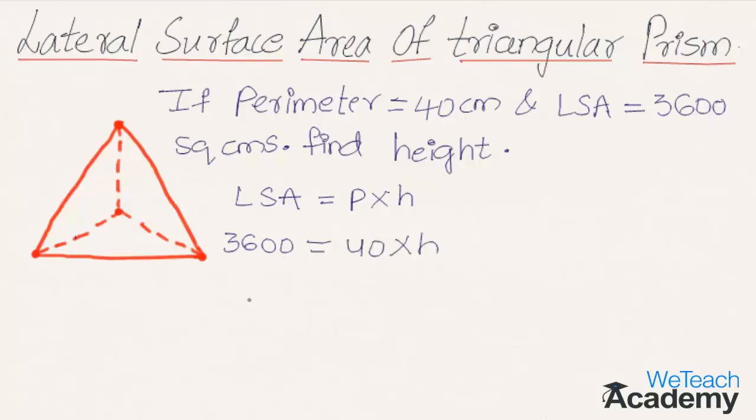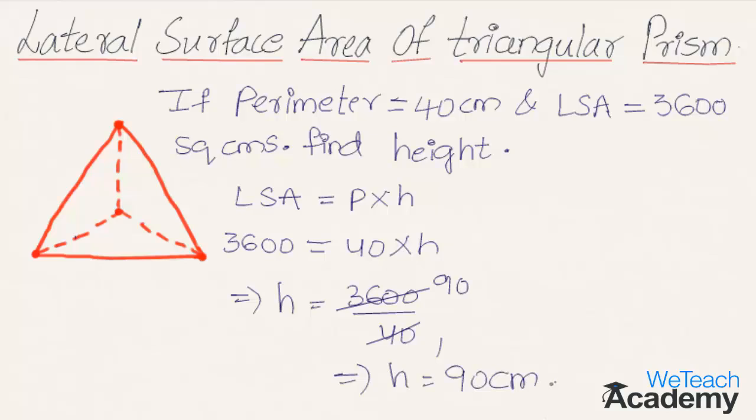Transferring 40 to the left hand side we get h equal to 3600 by 40. Let us simplify this. Here 40 times 90 is 3600. So we get the height equal to 90 centimeters.